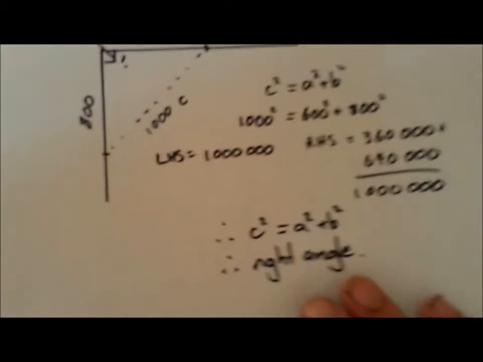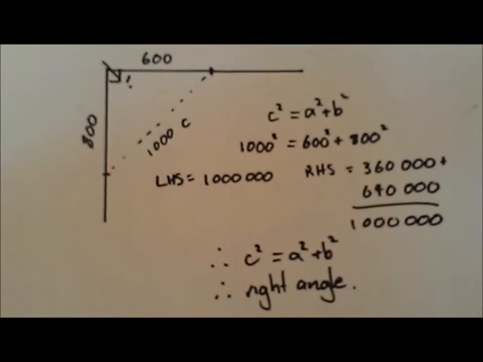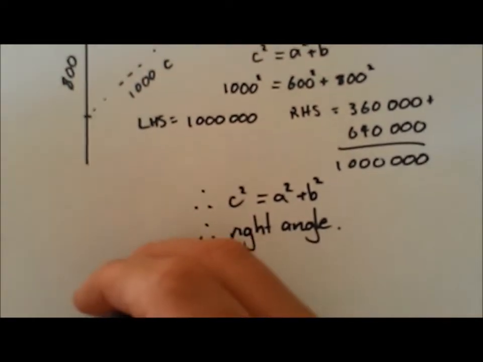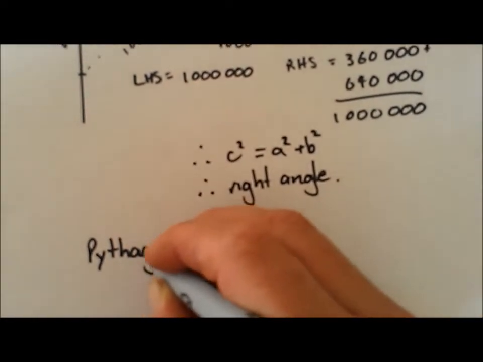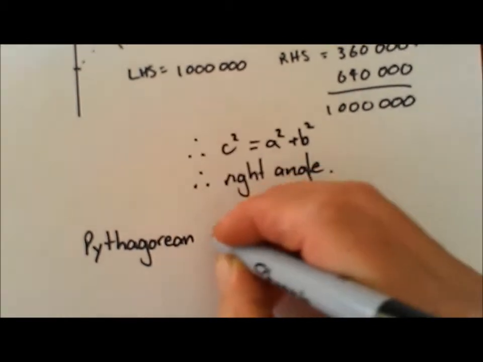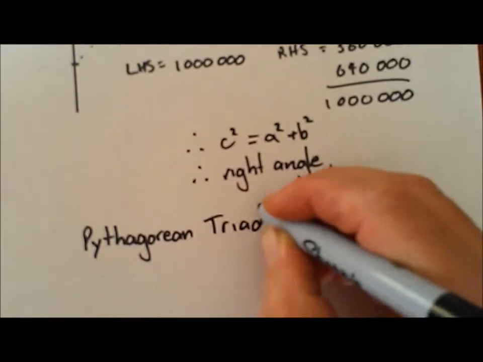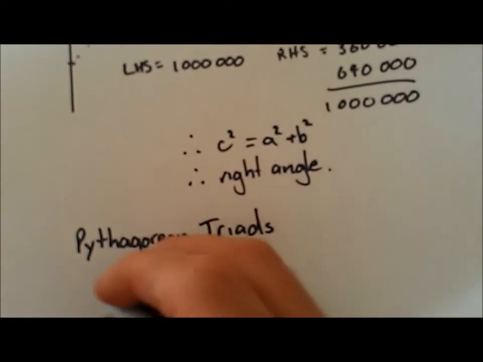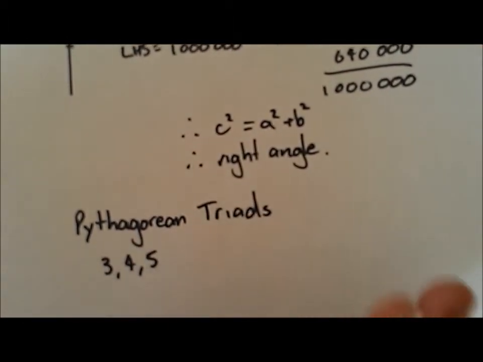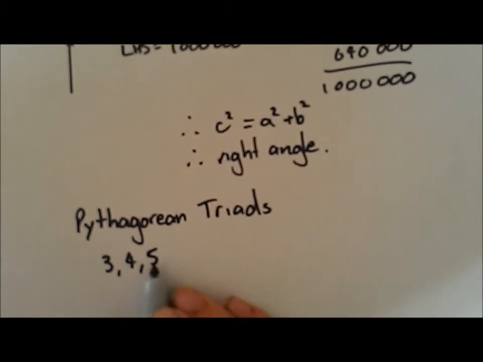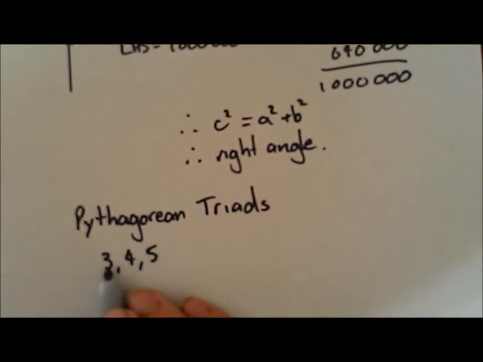Okay. But as I said in the video, I already knew that because of what I called a triad. Pythagorean triads are three numbers that we know fit Pythagoras' theorem. Probably the most famous Pythagorean triad is 3, 4, 5. We know that works in Pythagoras' theorem every time: 5 squared, 25, equals 16 plus 9.